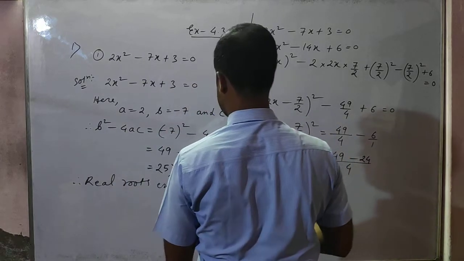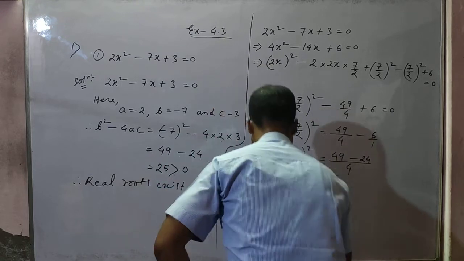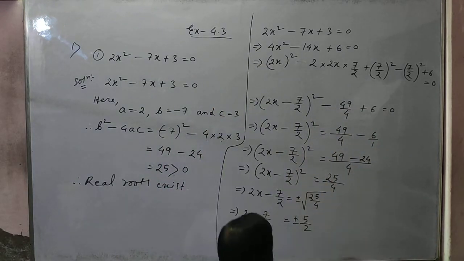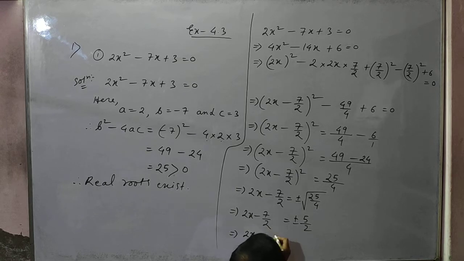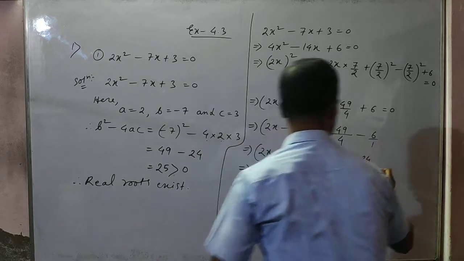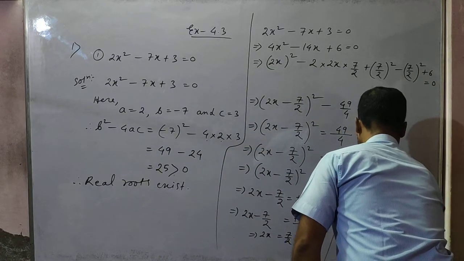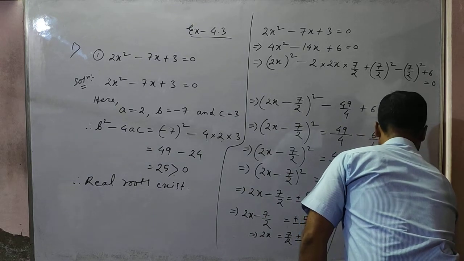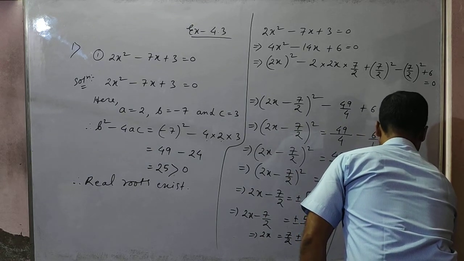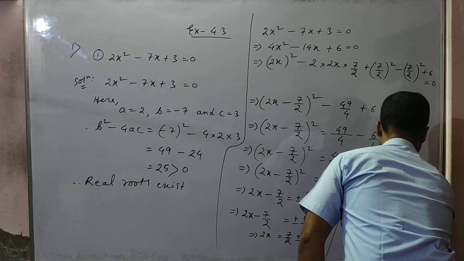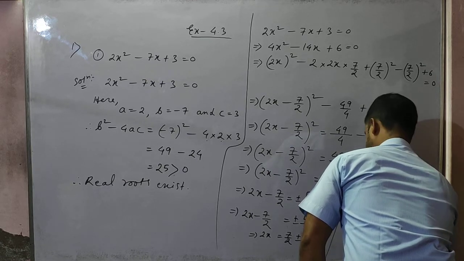So now students, 2x is equal to 7 by 2 plus minus 5 by 2. So 2x is equal to, taking the LCM, 7 plus minus 5 by 2.